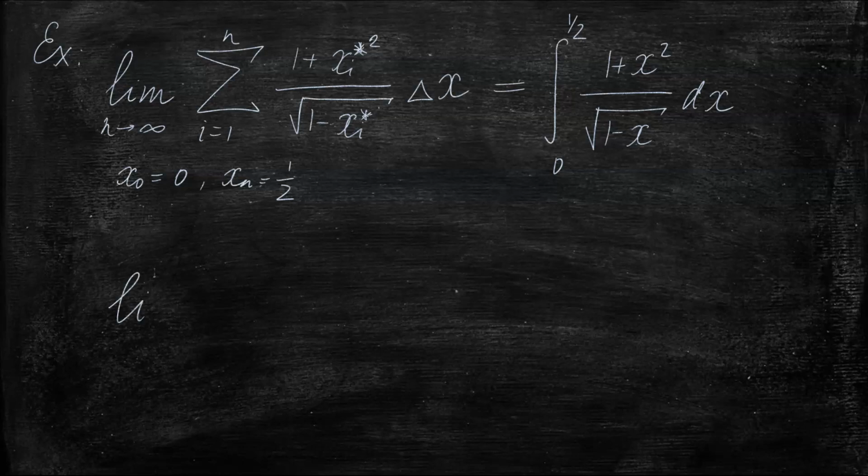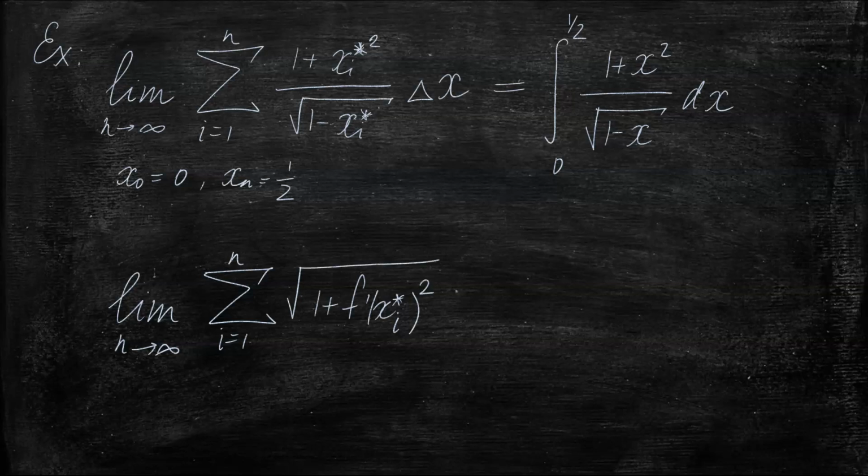Similarly, I'm going to let you guess this one. So if in the near future, let's say you were to see something like this, and let's say it is somehow clear that x sub 0 is 0 and x sub n is 2, then what would this be equal to?